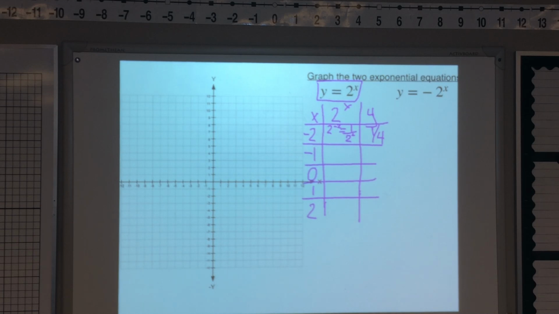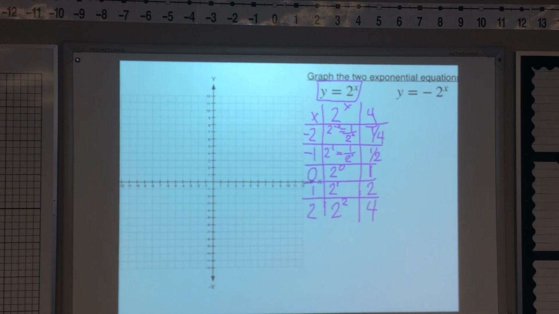When I do the second one, at -1, 2 to the -1st power, means I flip it over and I get 1/2 to the first power, which is 1/2. 2 to the 0 power, we should know again doesn't take any work, so my answer is 1. 2 to the first power should be a pretty simple one. 2 times nothing is just 2. And 2 to the second power means 2 times 2, which is 4.